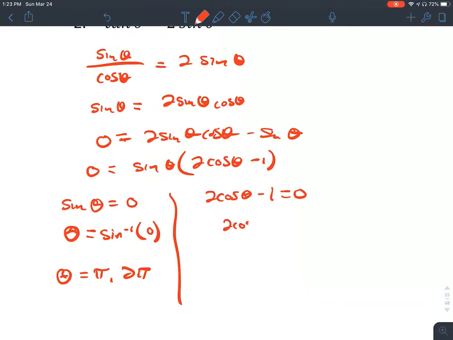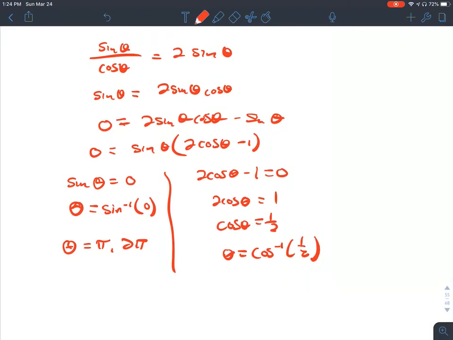Over here, if we try to get theta by itself, we're going to get theta is cosine inverse of 1/2. So when is cosine of an angle equal to 1/2? It's in quadrants 1 and 4.